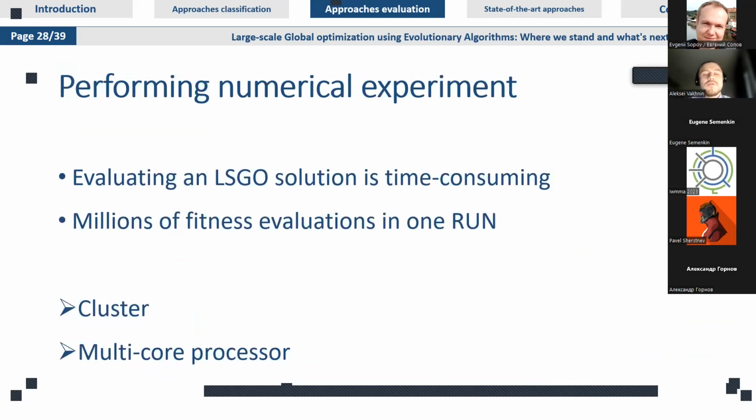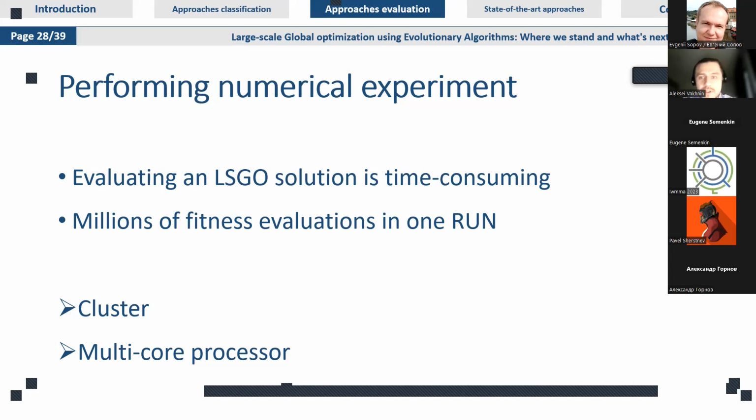And of course, a few words about performing numerical experiments. Evaluating LSGO solutions is time-consuming. It takes a lot of time, even right now, because of course progress does not stand still.